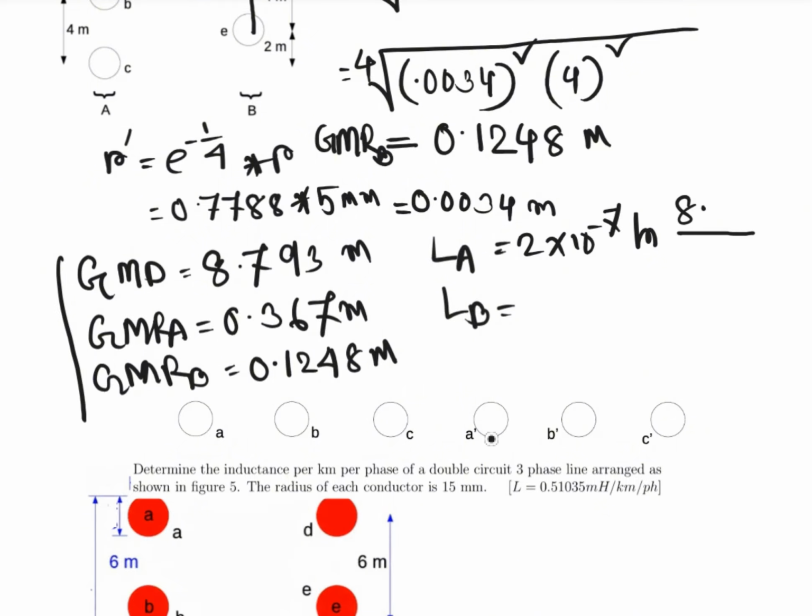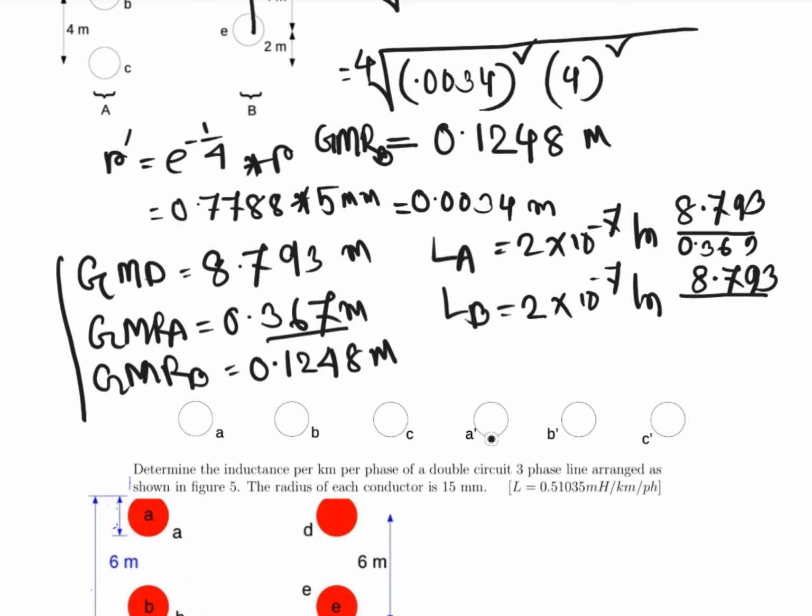GMD is 8.793, and here same 2 into 10 to the power minus 7, and here the ln value will be the same for GMD 8.793, and for LA, that is this one, 0.367, and here will be 0.1248.